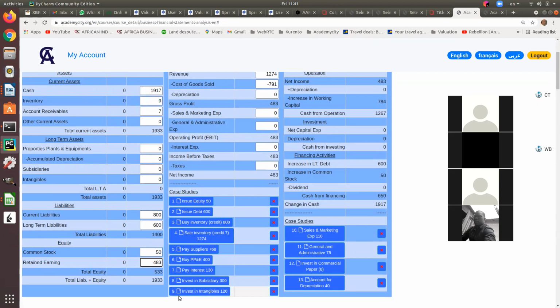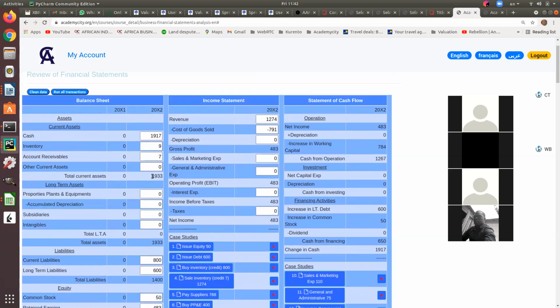And by putting this number right from here, it will always balance. I have 1933 total equity plus liability equal to the total assets. For a new student, it's puzzling. They always get confused. Why is it true?